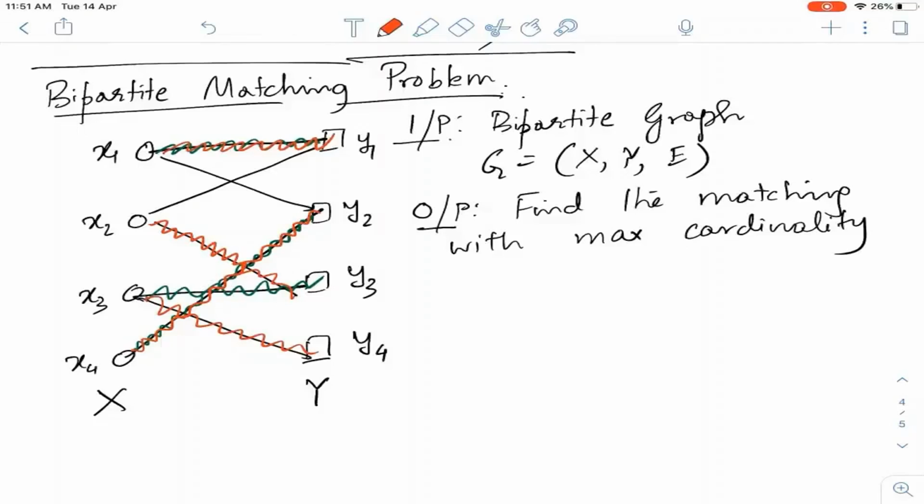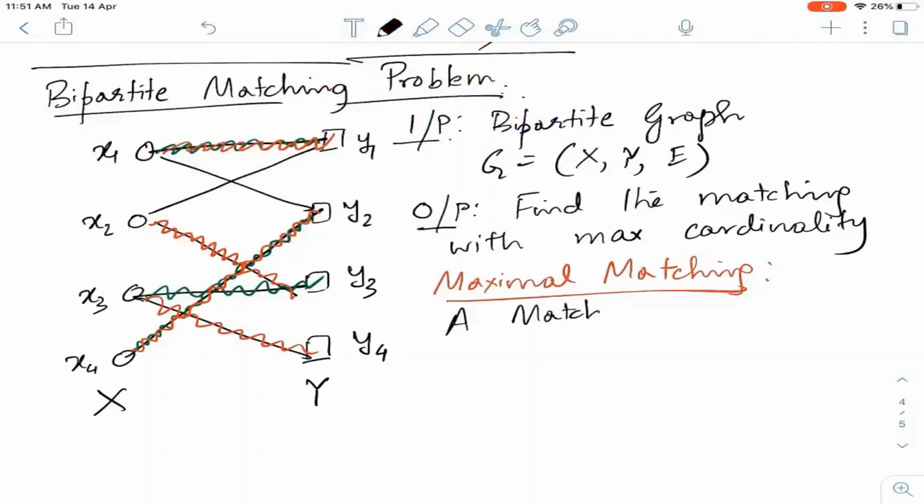So those are known as maximal matchings in your graph. Yeah. So what is a maximal matching? It's a matching which you cannot improve upon by adding one more edge to your matching. Yeah. So let me actually say this. So maximal matching, which cannot be extended.